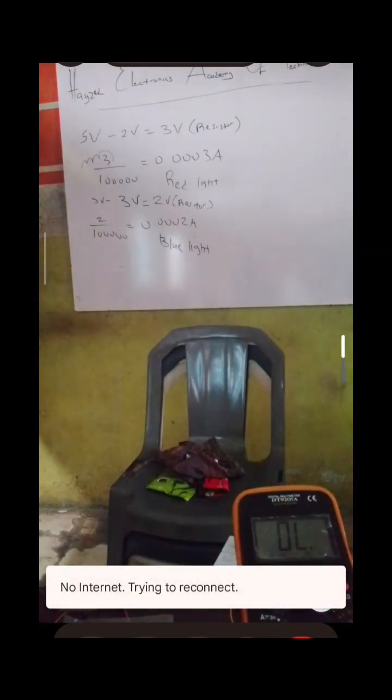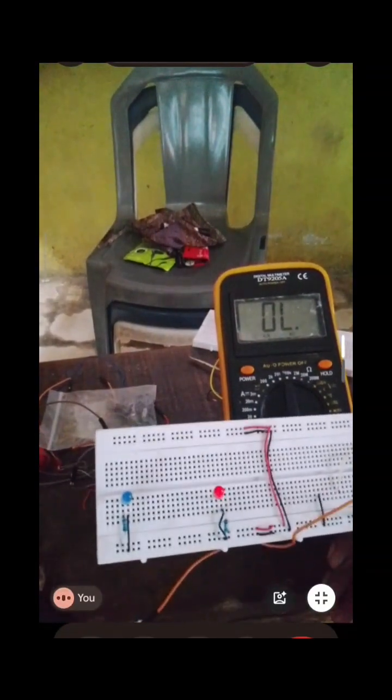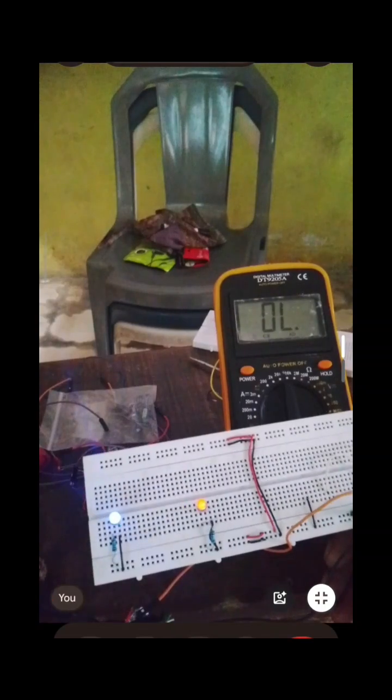So that's what is really causing the red light to look a little bit dimmer, because of the voltage it is managing. Yet we are still giving a very small current to it. So that is the reason why things are running very small. So this is it. Their resistance is very high.